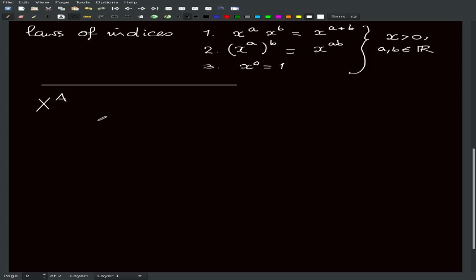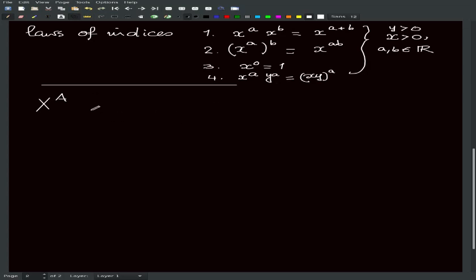There is another one, obviously, we forgot: xy to the power a is x to the power a times y to the power a. That's also there.